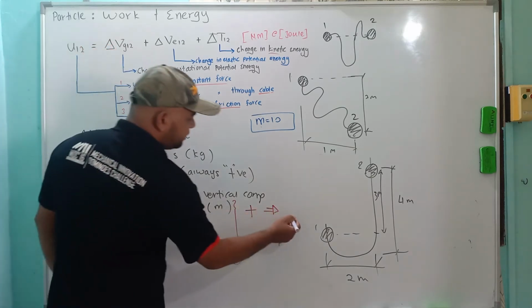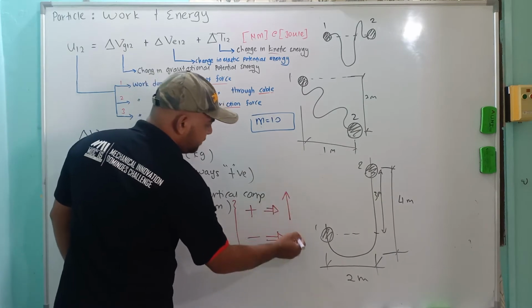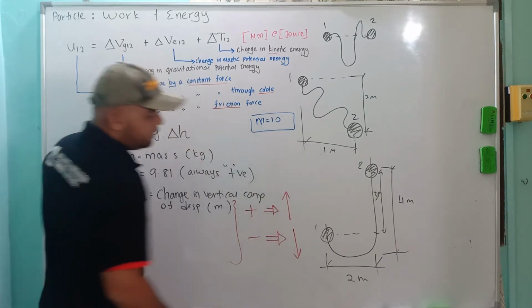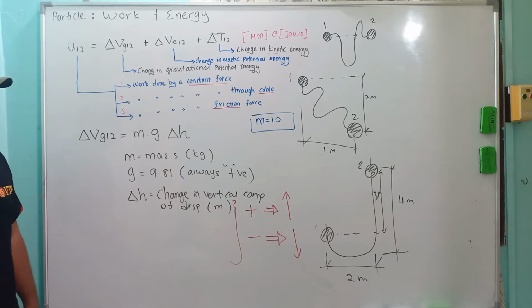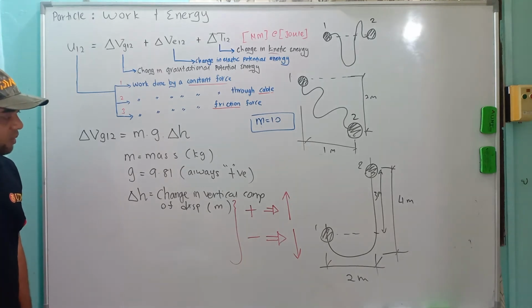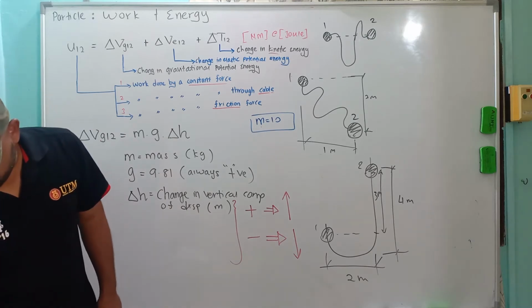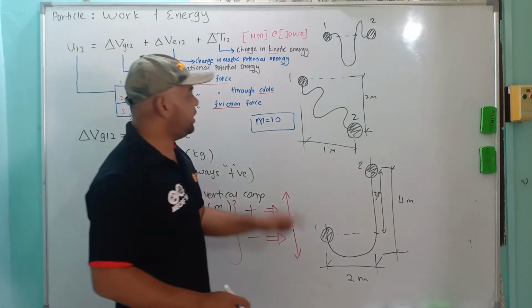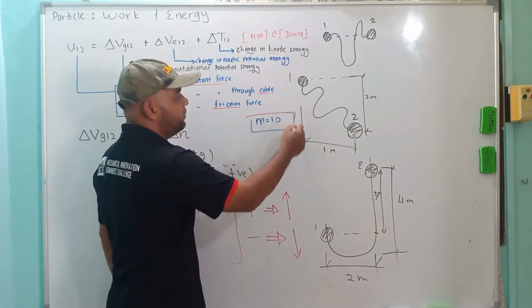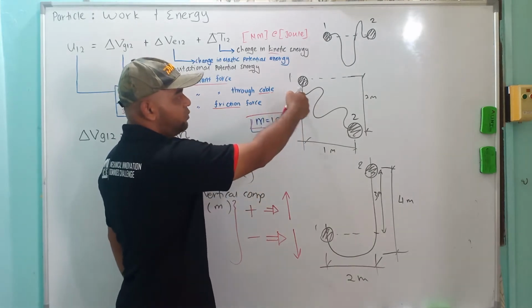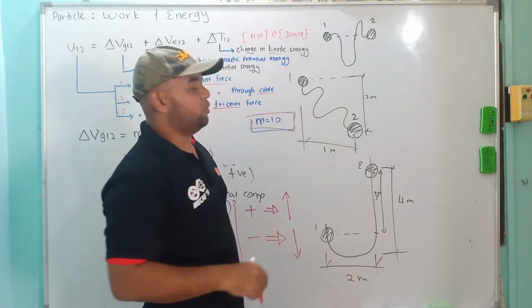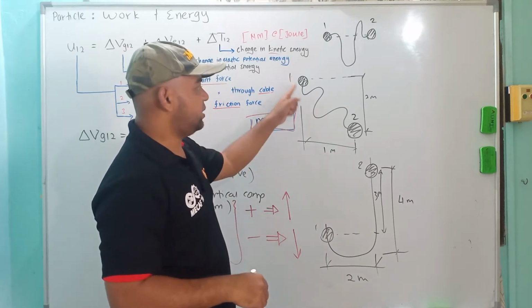So this movement will be positive, and this one will be negative. Okay, delta Vg12. For example, we have a mass equal to 10 kilograms. We have one component moving from point 1 to point 2, and it doesn't matter how the movement happens.